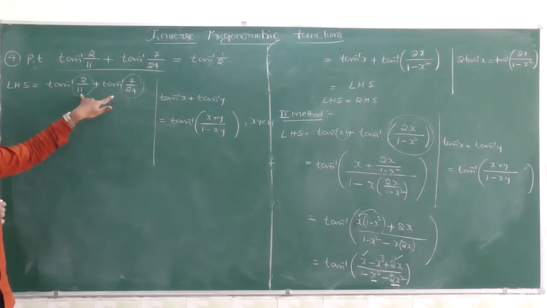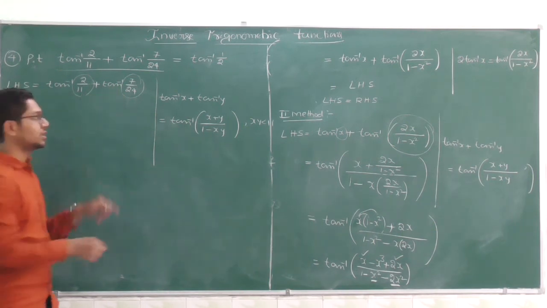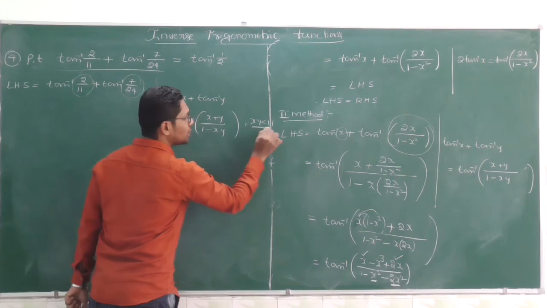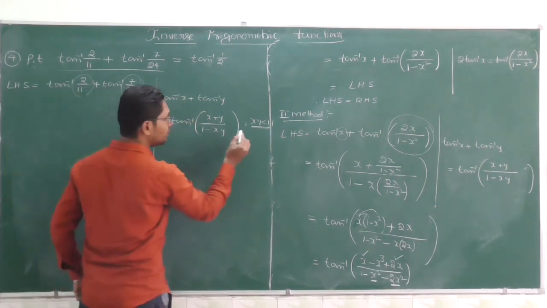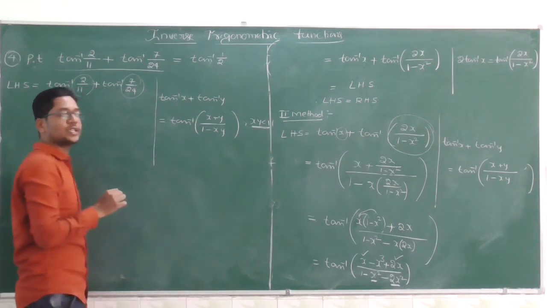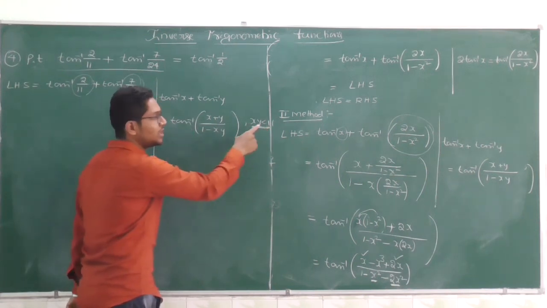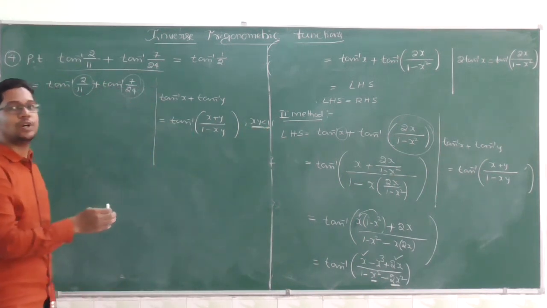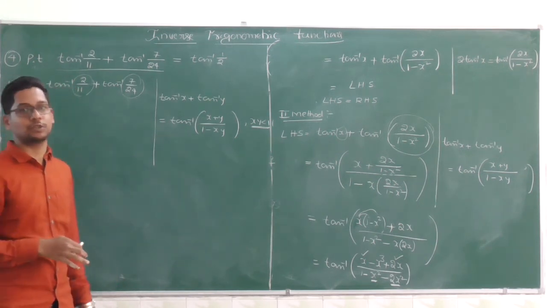This property depends upon the product of x and y. If it is less than 1, we use this property. If it is greater than 1, we have to apply one more property, which is not there in your textbook.